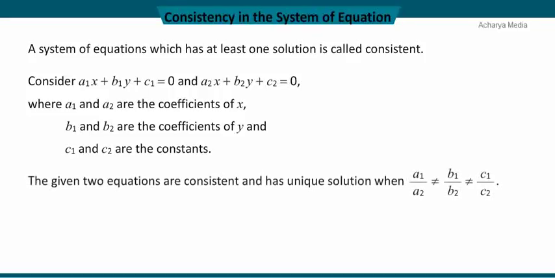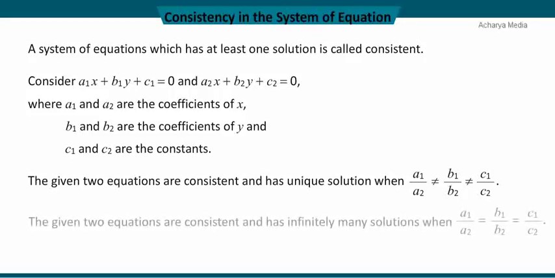The given two equations are consistent and have a unique solution when a1 by a2 is not equal to b1 by b2. The given two equations are consistent and have infinitely many solutions when a1 by a2 is equal to b1 by b2 is equal to c1 by c2.